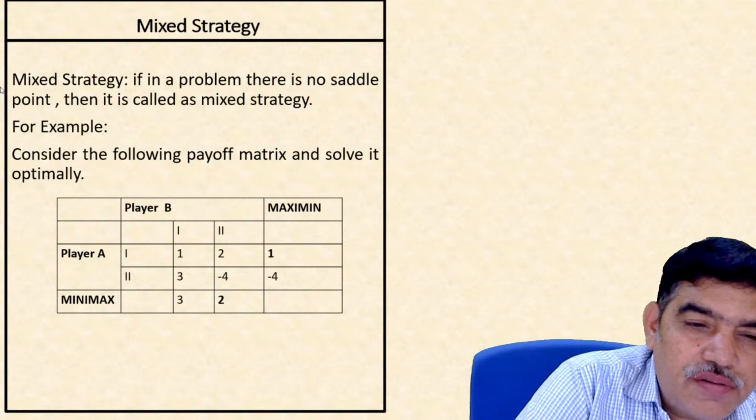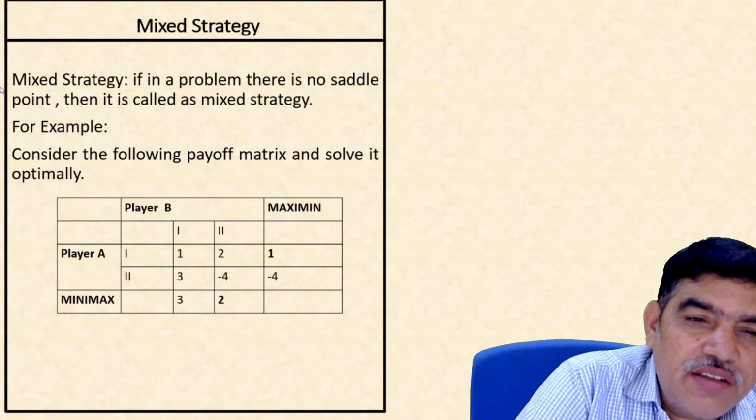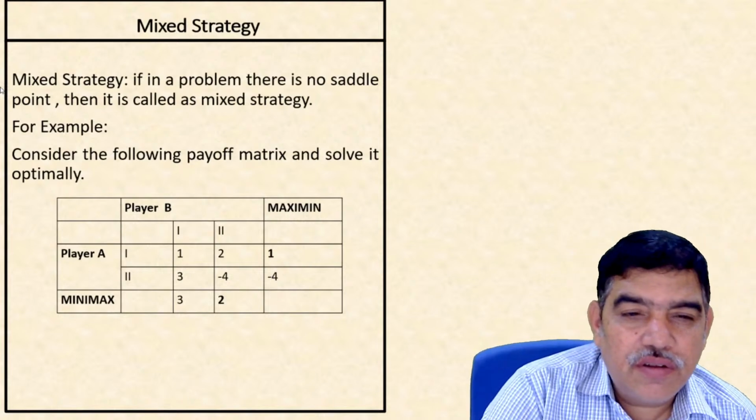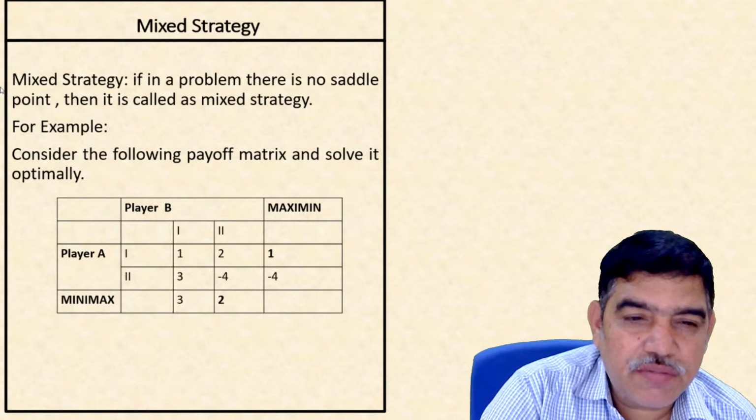In this way, I am not finding the difference directly for the odds method. I am considering here the maximin and minimax method.